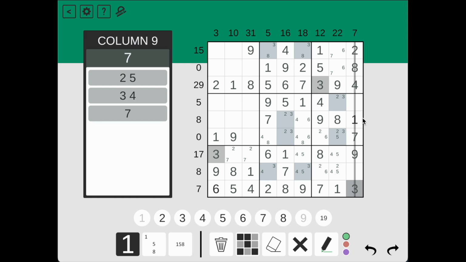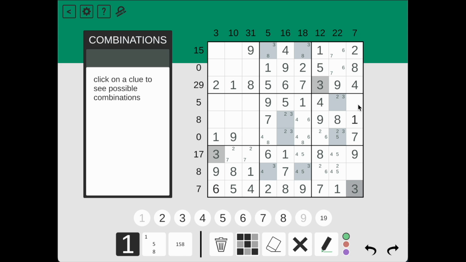Okay, let's look at this row. 1, 2, 3, 4. Where's that? 1, 2, 3, 4. 5 is either here or here, but there's a 5 in this row, so this is a 5. That makes this a 6. This is narrowed down to 4. This is 5.